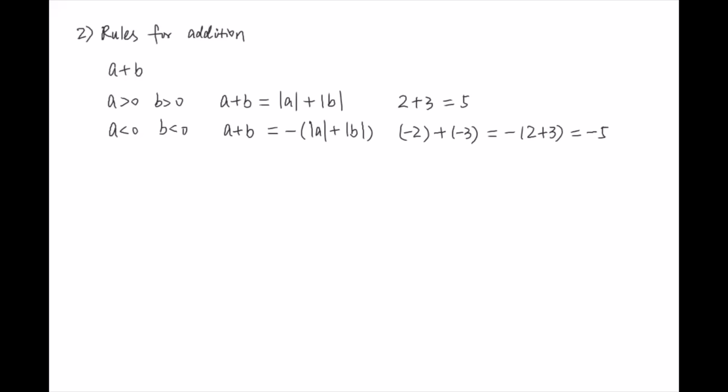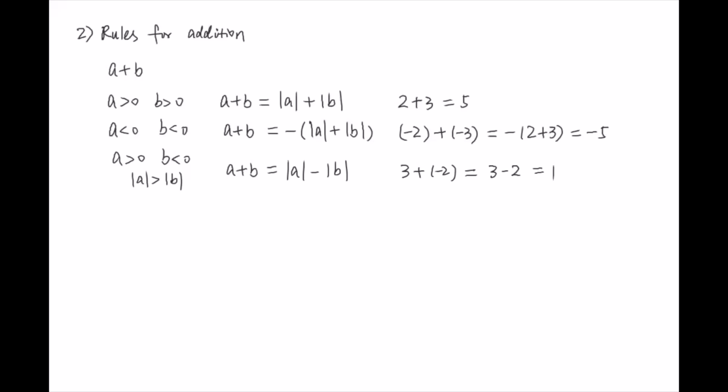Next situation, a positive, b negative, and the absolute value of a is larger than the absolute value of b. In this case, a plus b equals the absolute value of a minus the absolute value of b. For example, 3 plus negative 2 equals 3 minus 2 equals 1.